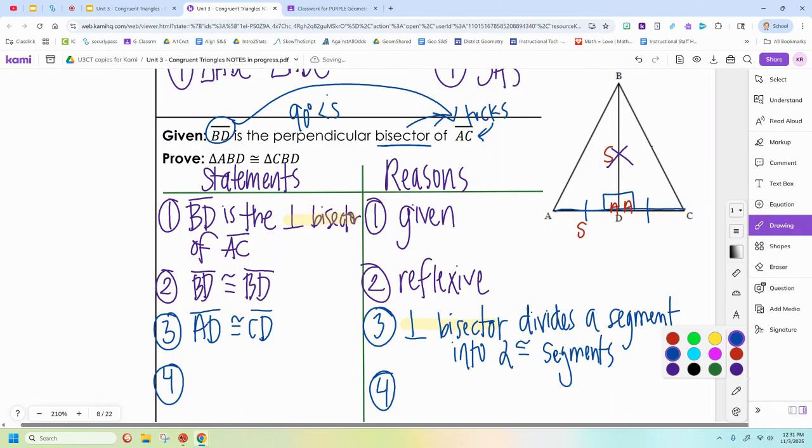Liliana, can you name the angle that's on the left for me? 90 degrees. Okay, so the three letters to name it. Angle, blah, blah, blah. ABD means I'm up here at B. So ADB. Where the vertex is, that's got to be the middle letter.